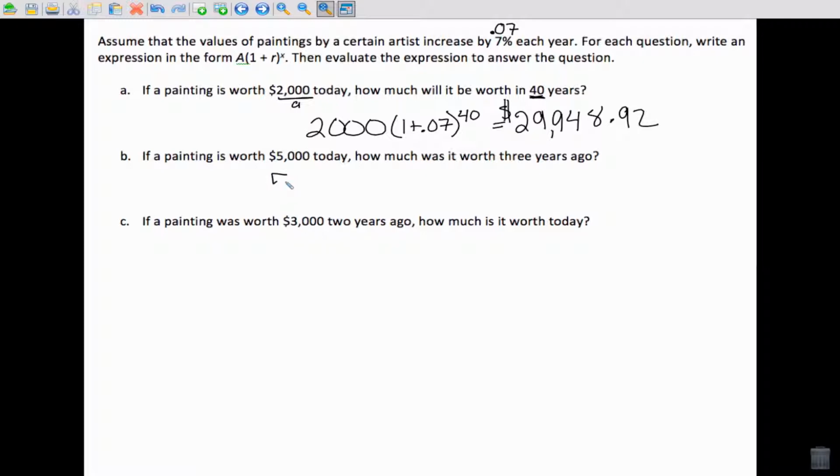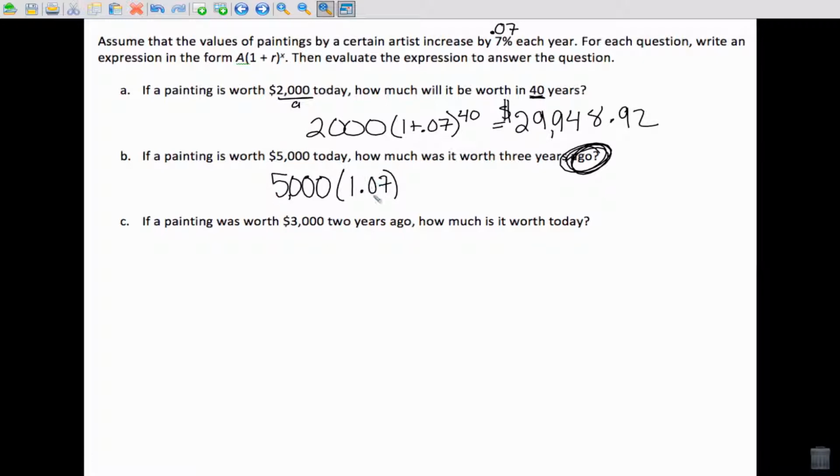A painting is worth $5,000 today, and our constant multiplier is staying the same. How much was it worth 3 years ago? Now, ago means it has increased in value to $5,000. So 3 years ago, it was probably worth less than $5,000. So how do we represent less than $5,000?